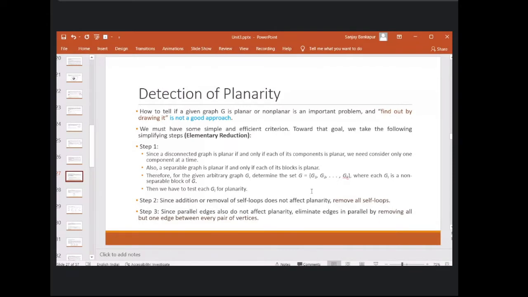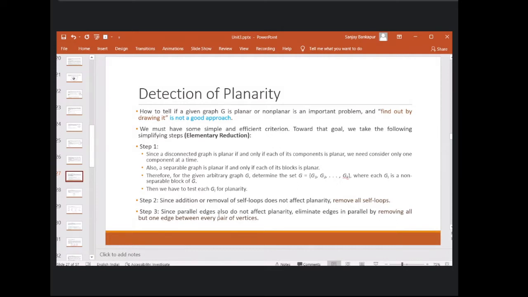If the overall reduction comes to just an edge or a complete graph with 4 vertices, it is planar for sure. If it is a simple graph with 5 and above vertices, and 7 and above edges, in that case, we can go with the inequality approach.